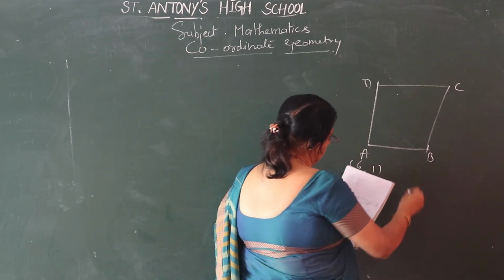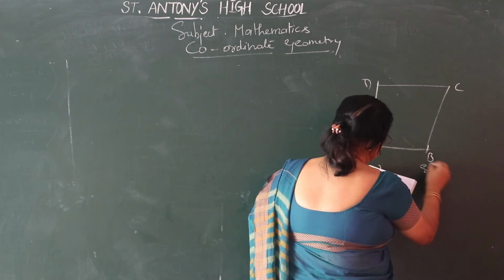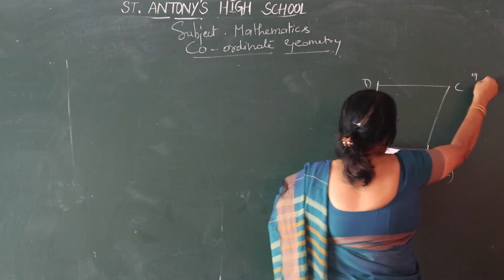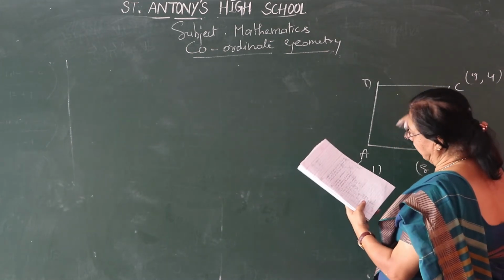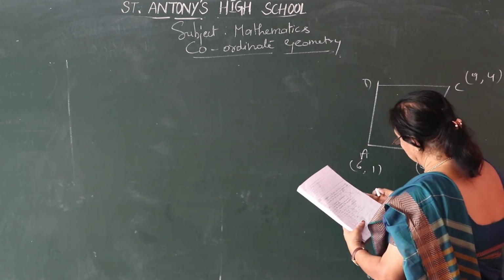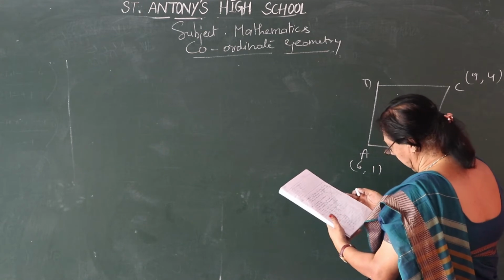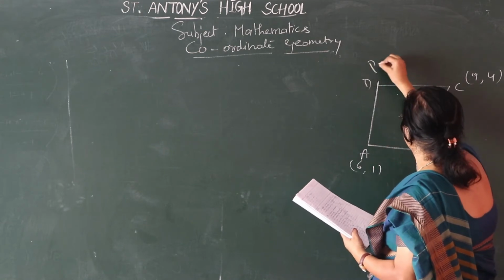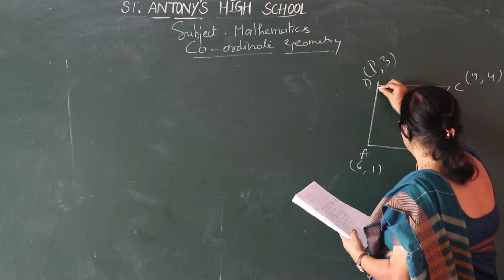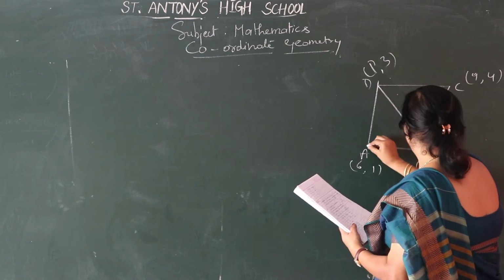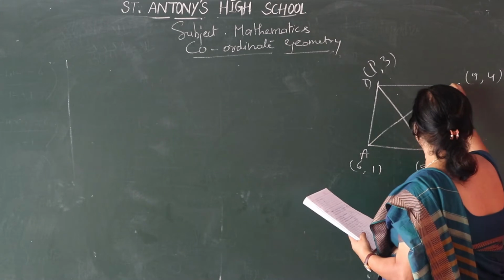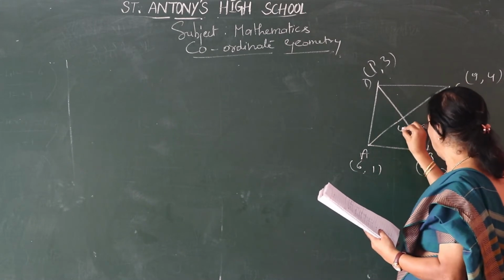Another one is 8, 2. Another one is 9, 4. Okay, follow, children. Another one they have given is P, 3. And also 2 diagonals they have given. The 2 diagonals intersect at the point O.